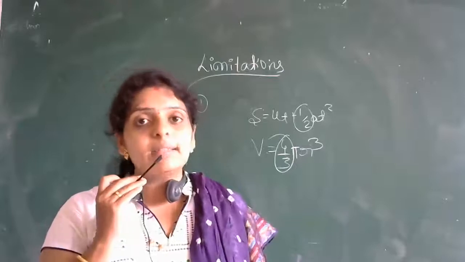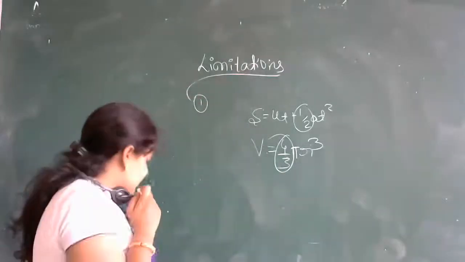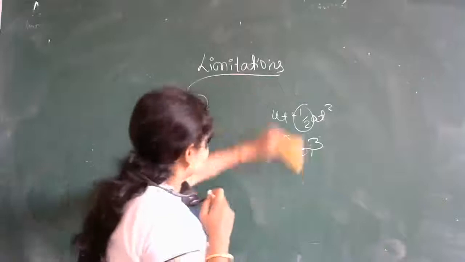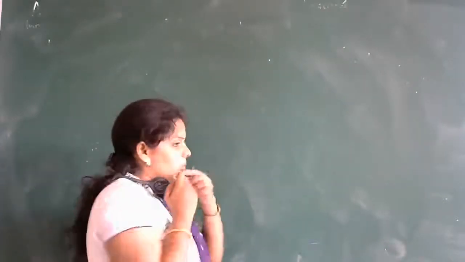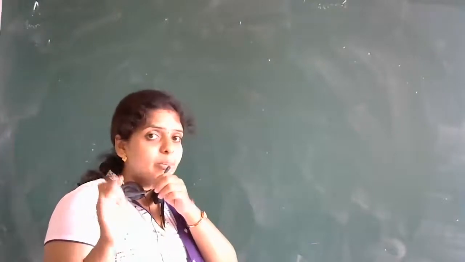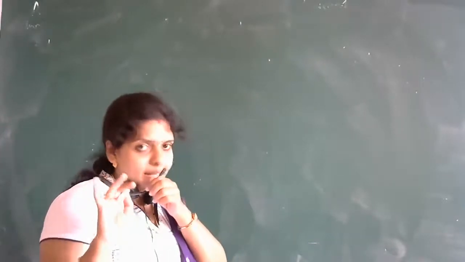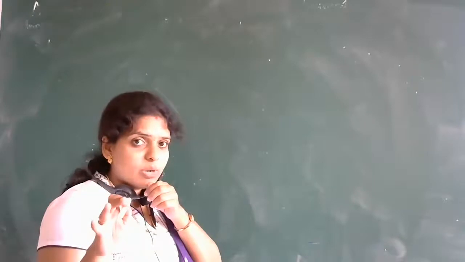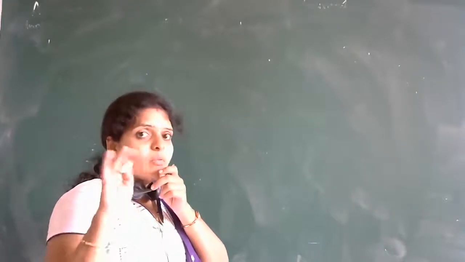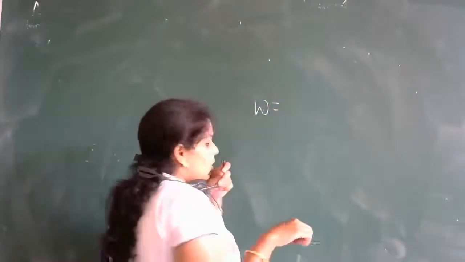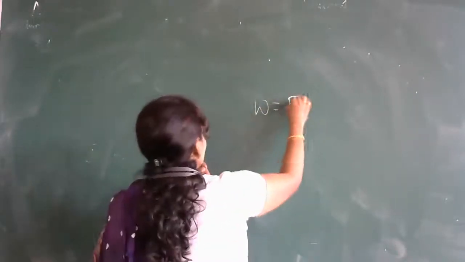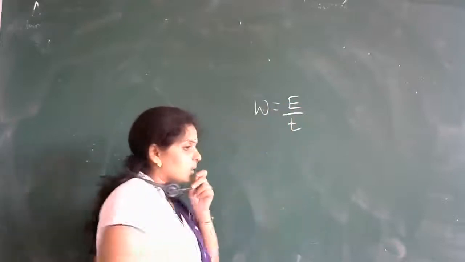And the last one, that is, listen. Suppose if I have some equation which is containing both work and energy. If there is an equation which is containing work and energy, for example, just one quantity, work is equal to energy divided by time.